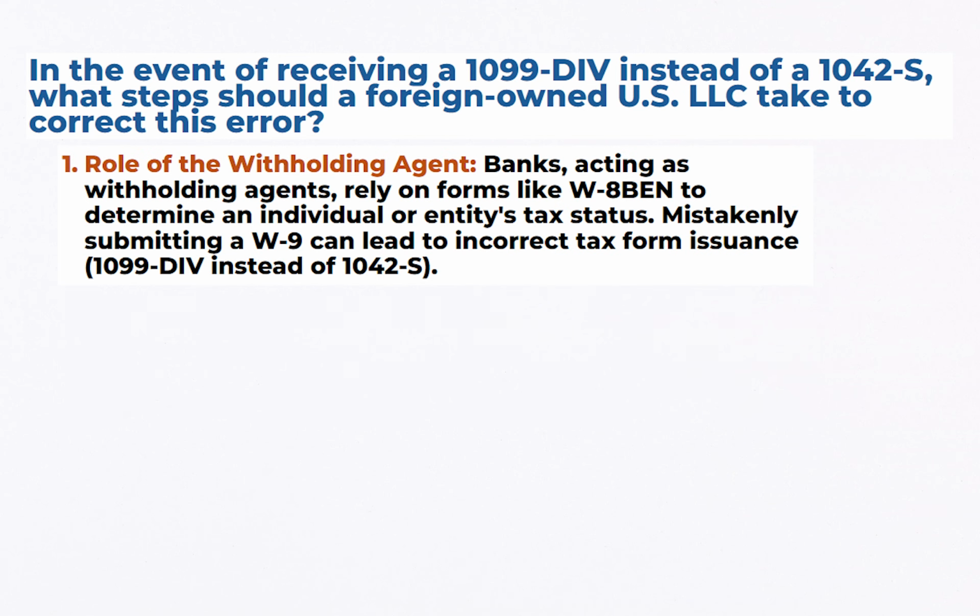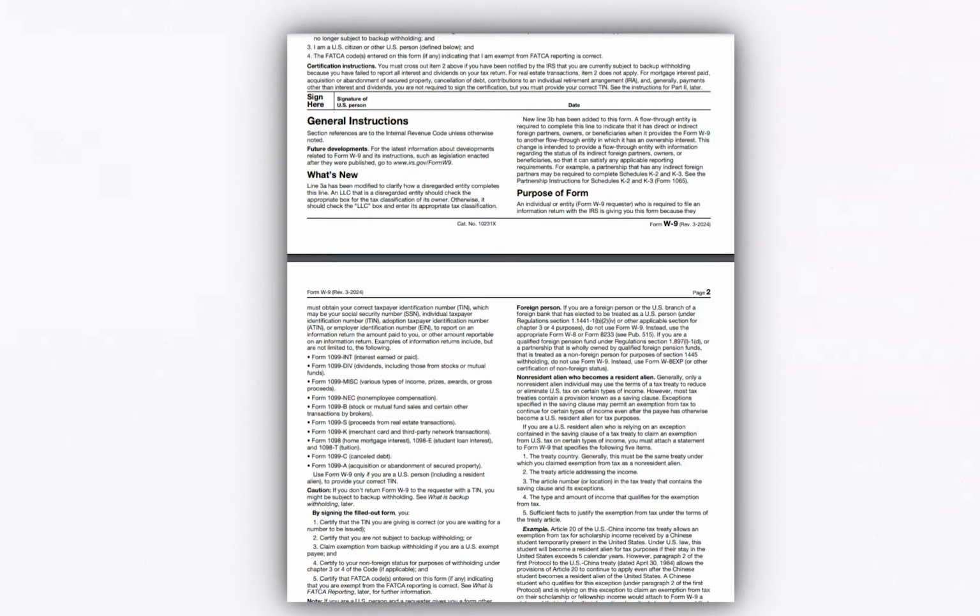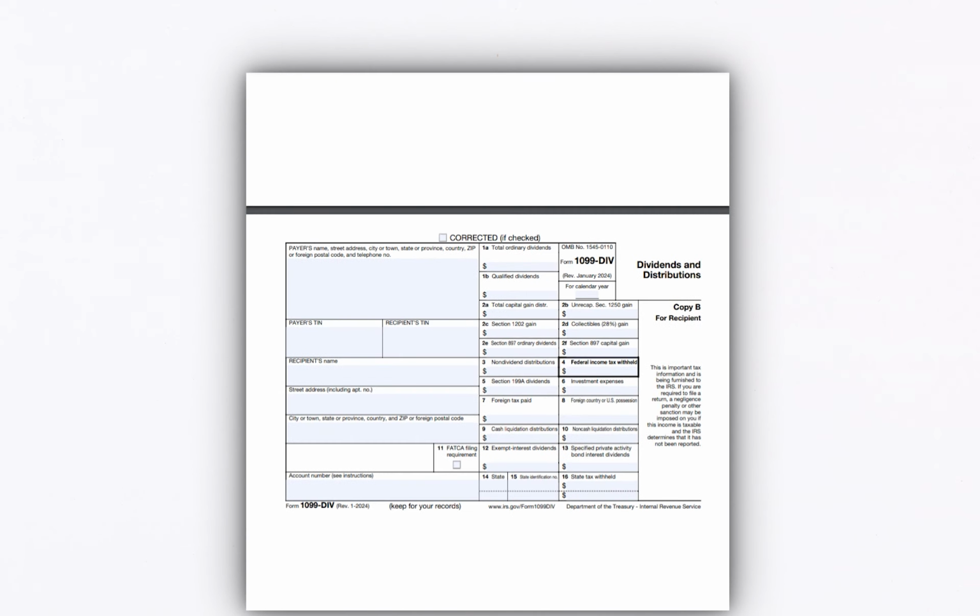They rely on forms that you've given them, such as the W-8BEN, to determine an individual or an entity's tax status. So if you mistakenly submit a W-9, that can lead to an incorrect tax form issuance, such as the 1099 DIV, instead of you receiving a 1042-S.